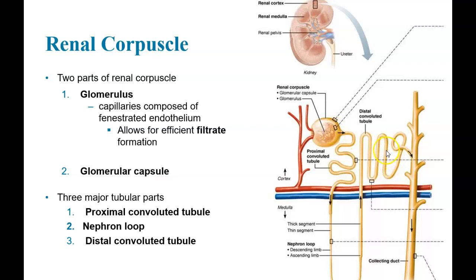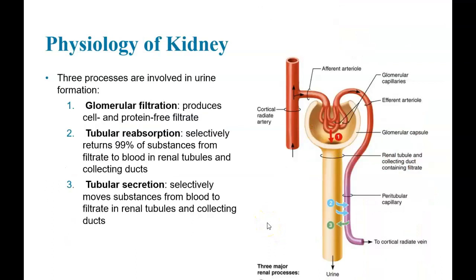And then that distal convoluted tubule merges into the collecting duct. Because again, there's millions of these. There's not just one. And these are mainly located in the renal cortex, although some of the components do go into the inner layer, into the renal medulla.